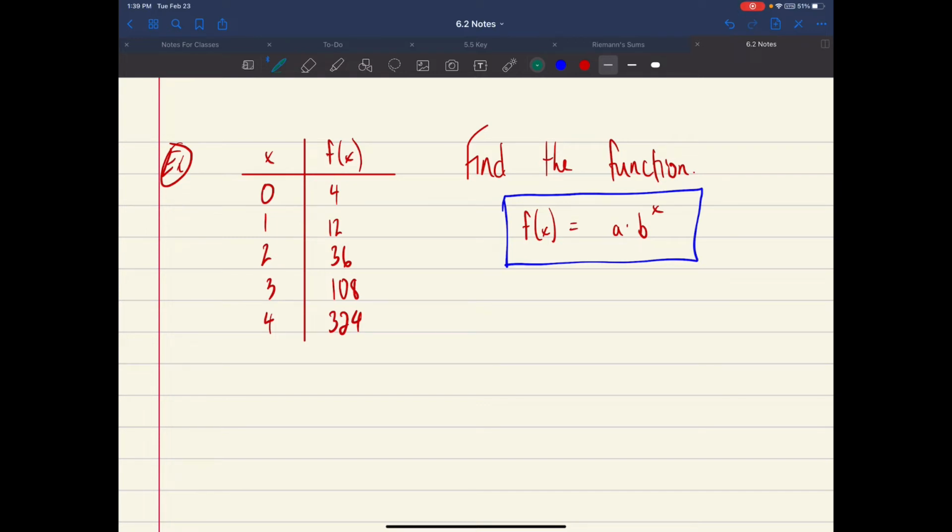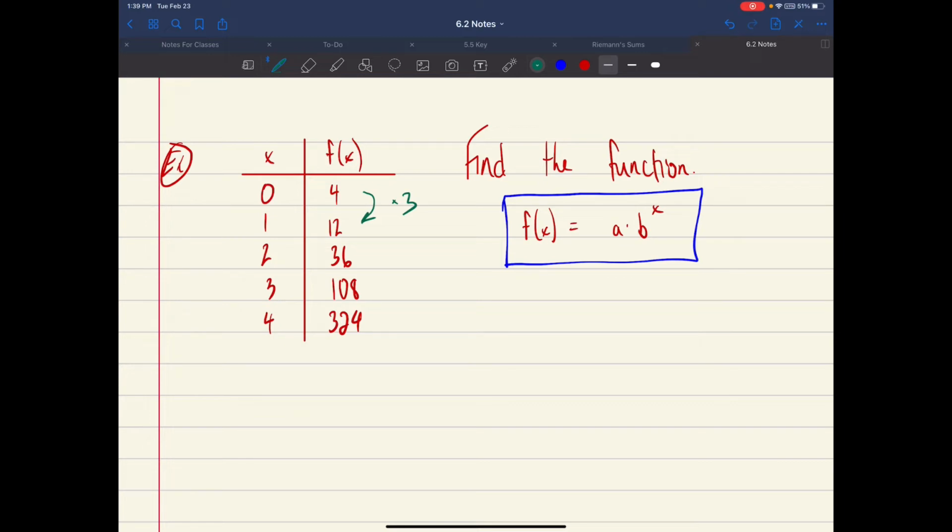So at x equals 0, we have the value 4. And then we have that it goes to 12. So the easiest question to ask when you do this is, 4 times what number is 12? And 4 times 3 is 12. So if this is a consistent value all the way down, then it will be b.